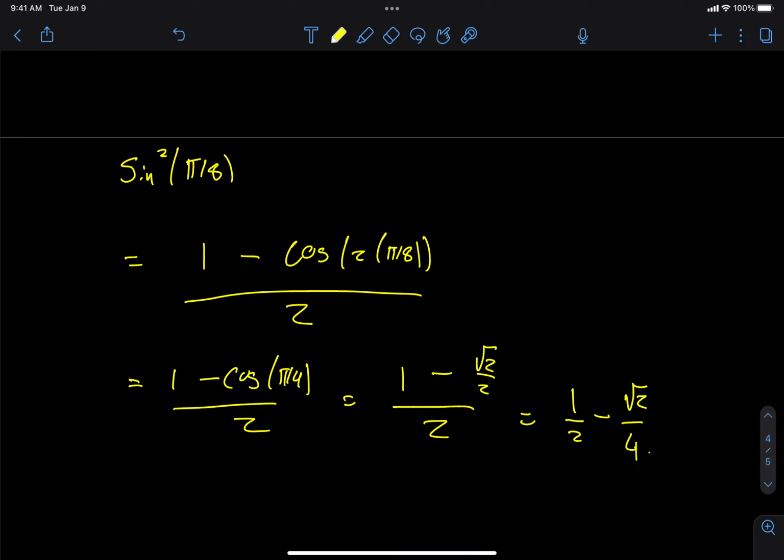Or if you want 2 minus the square root of 2 all over 4, that could work too. Anyways, you know how to do cosine of pi over 4, that much I believe. I'm supposed to know how to do that.